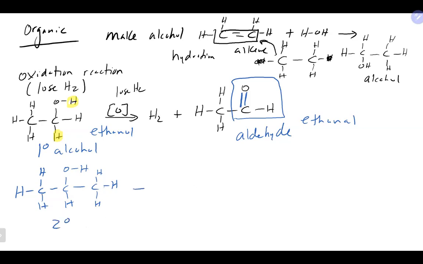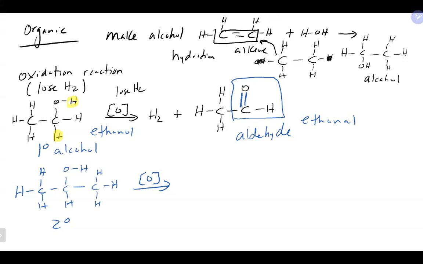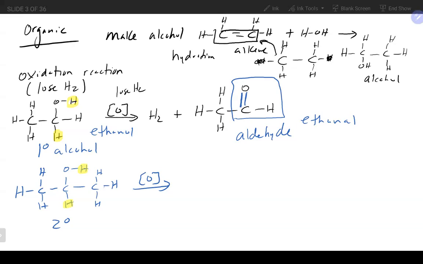And if we put it through oxidation, which is what the little O means in the brackets there, it also will lose 2 hydrogens. Once again, it's going to be the same hydrogens. It's going to be the hydrogen that's attached to the OH, and the hydrogen that's attached to the carbon that's attached to the OH. Those are the 2 hydrogens that are going to go.